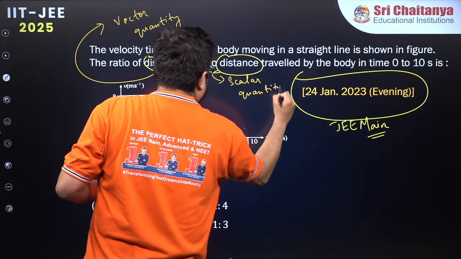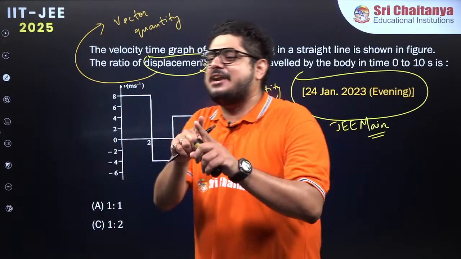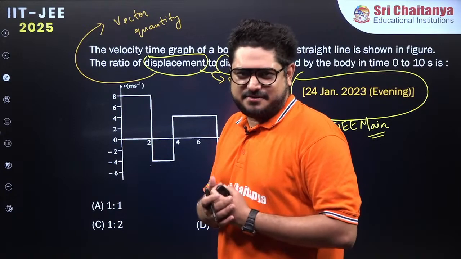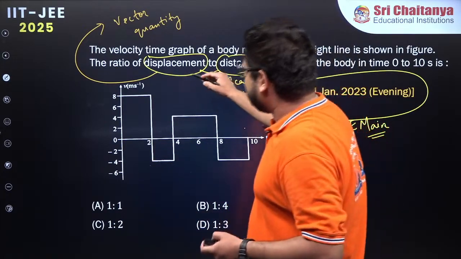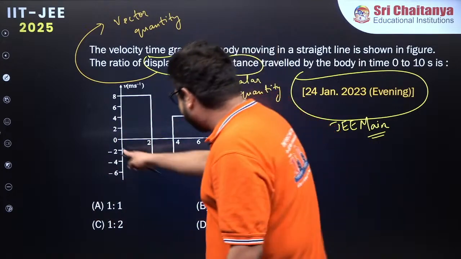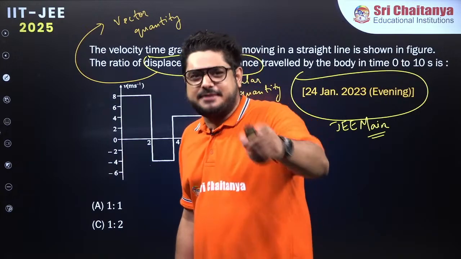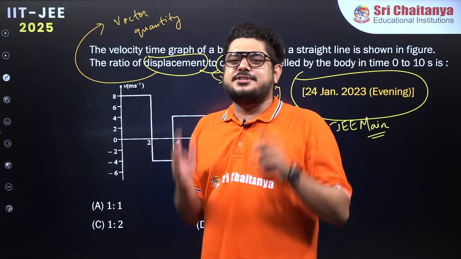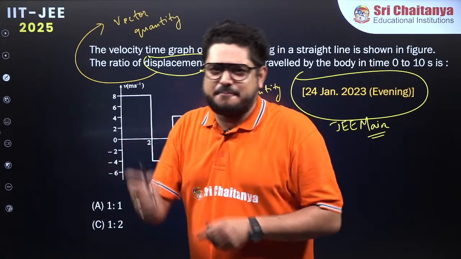So displacement can be negative, it can be 0, but distance cannot be 0. Distance can never be 0, everyone. In order to calculate displacement, you need to calculate the area under the graph while taking the sign convention. But if you are going to be calculating the distance, there is no point of considering the sign convention. You just keep on adding up the areas.